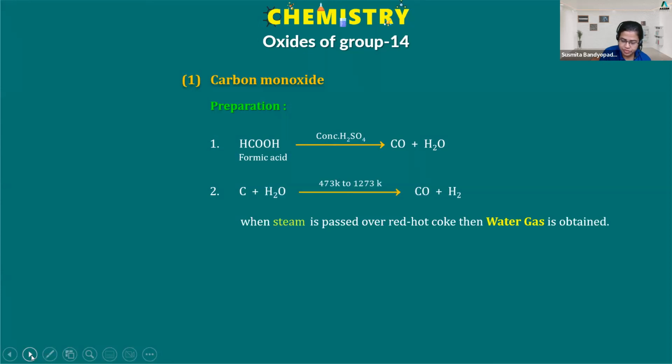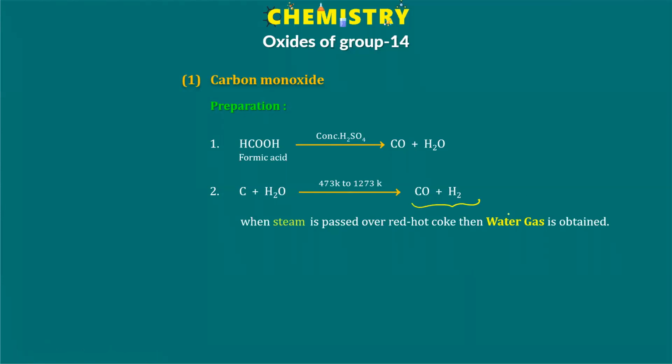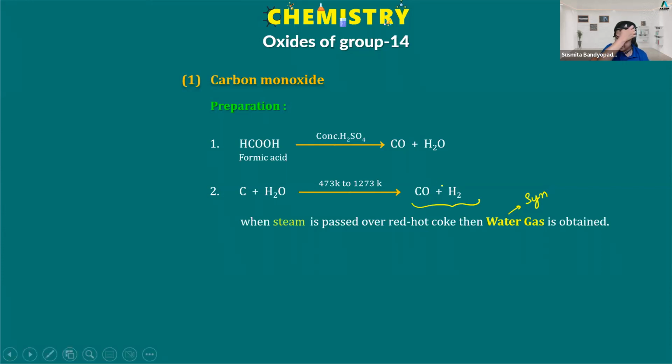Anyways, so when steam is passed over coke, at such high temperature, what do you call it? Water gas. Any other name you know for water gas? It's given in the hydrogen chapter in NCERT. Syngas. Syngas comes from the word synthesis, because starting with this, you can prepare carbon monoxide.